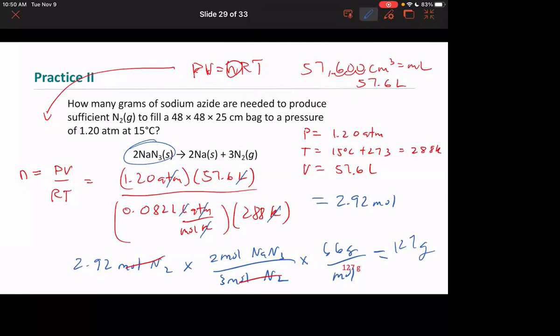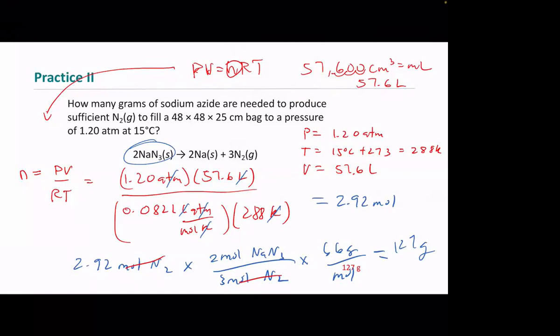So it brings a lot with it. I mean, a lot of what you've learned, the stoichiometry, the ideal gas equation. Questions on that one? Did you get something different? Yeah, there might be a rounding error somewhere.